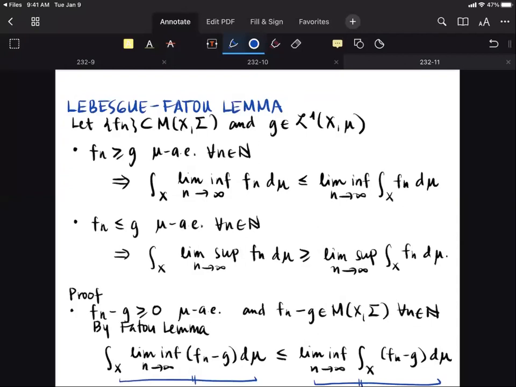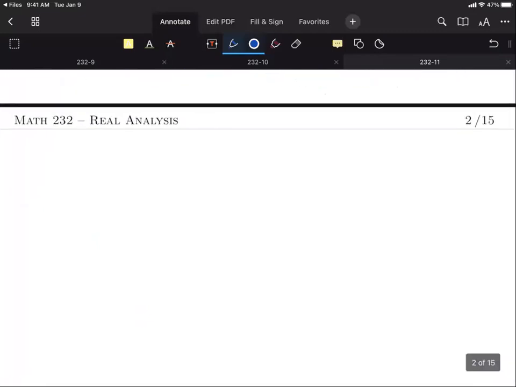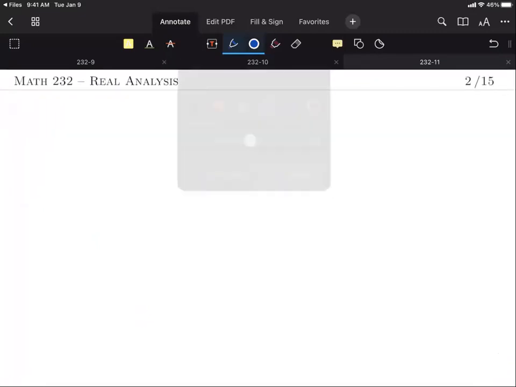But now the sequence of functions is bounded or majorized by a Lebesgue integrable function. Finally, we have the so-called Lebesgue dominated convergence theorem.